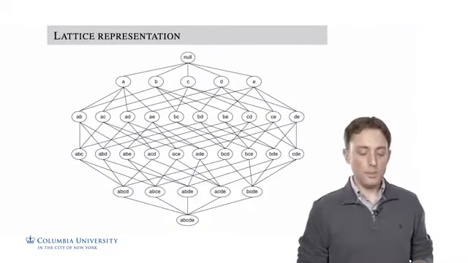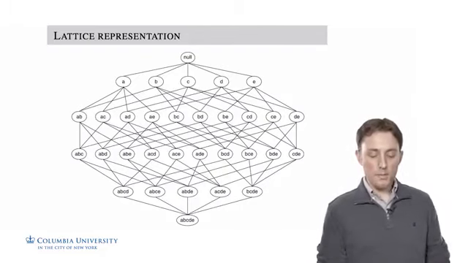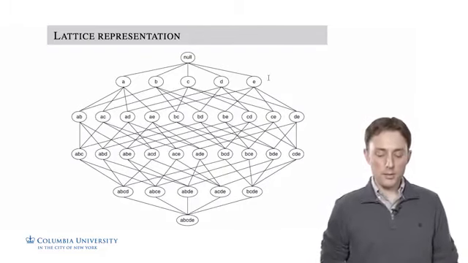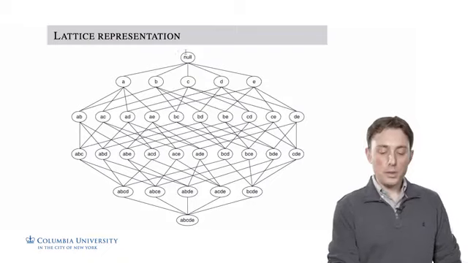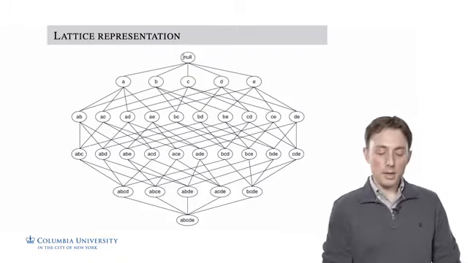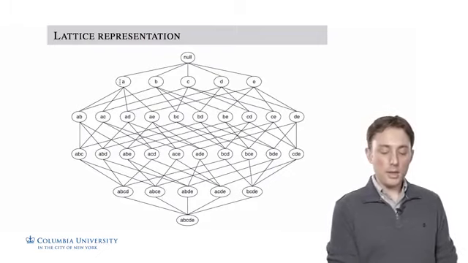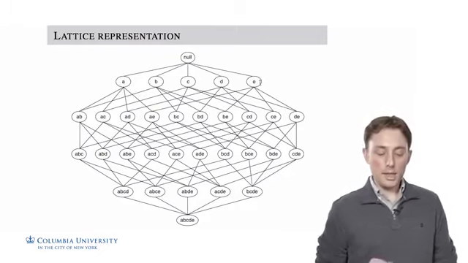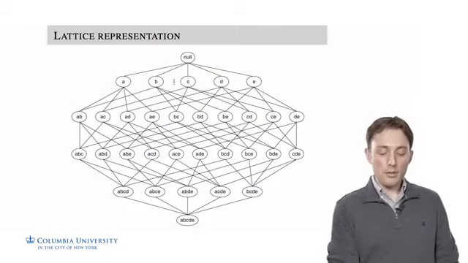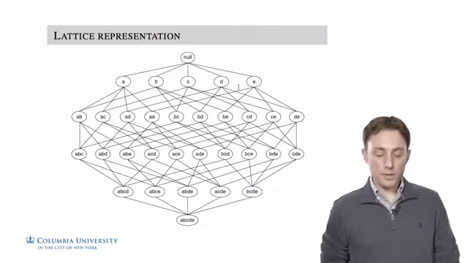So this structure can be put into a lattice representation, and we'll return to this figure later. We start with the null subset, so this is the subset with nothing in it. And then we can move on to subsets of size 1. So if we have 5 objects, if p is equal to 5, then we label them A, B, C, D, and E. Then we have all of the 5 subsets of size 1 to check.